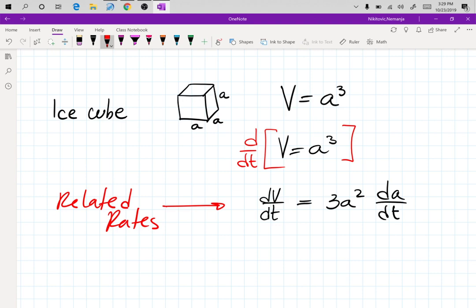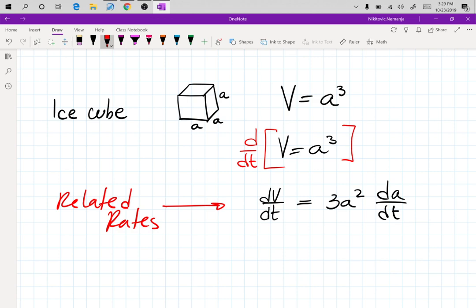So first of all, units. Length is just meters or feet, and so on. Area is going to be meters squared, feet squared, inches squared, and so on. Volume is going to be meters cubed, feet cubed, inches cubed, centimeters cubed, and so on.